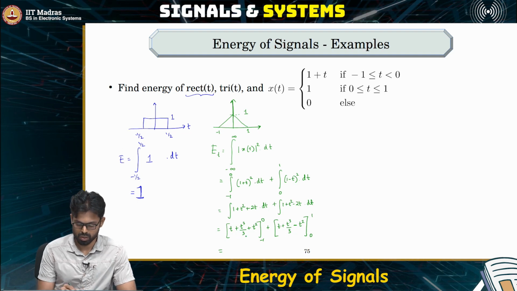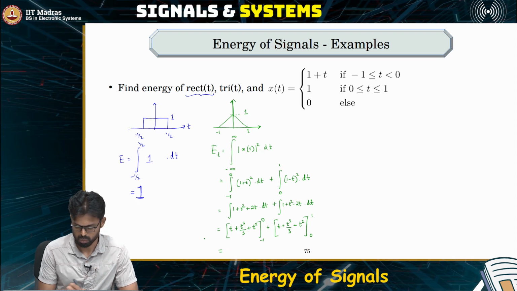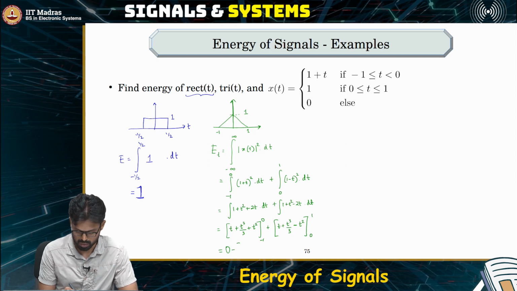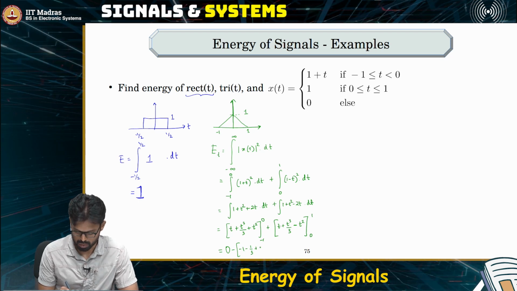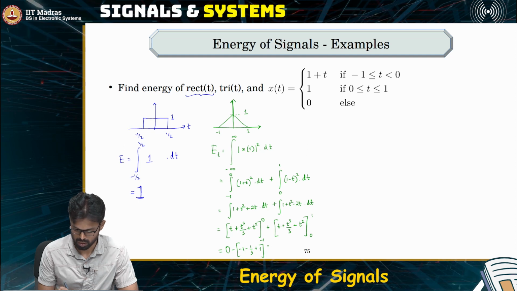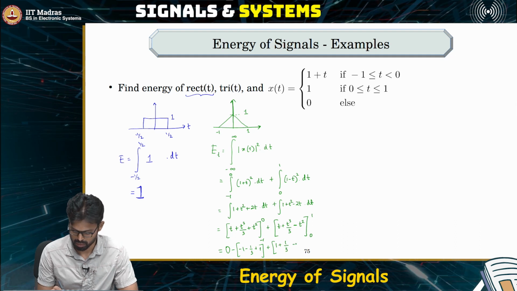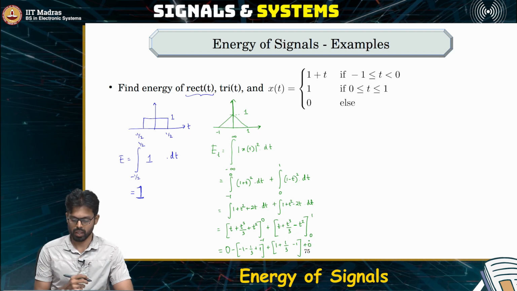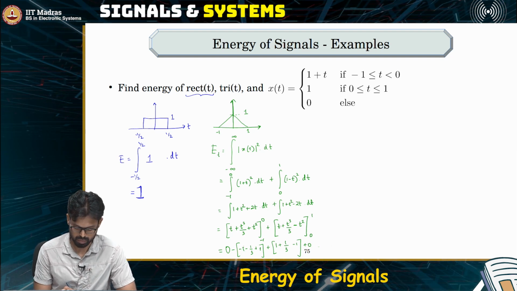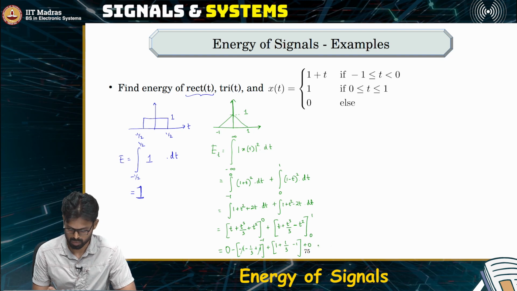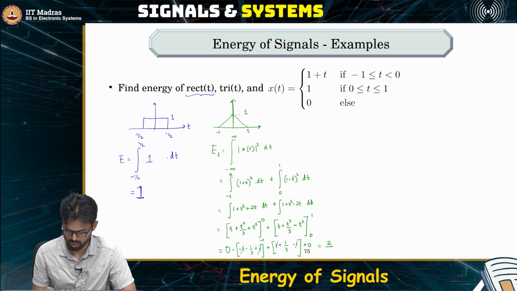So when you substitute the limits here, the first will be 0, minus of minus 1 minus 1 by 3 plus 1, plus 1 plus 1 by 3 minus 1 plus 0, right? So what is this? This is just 2 by 3.